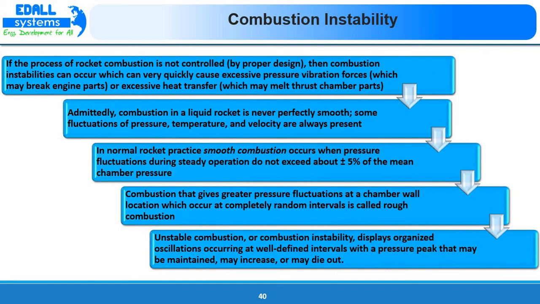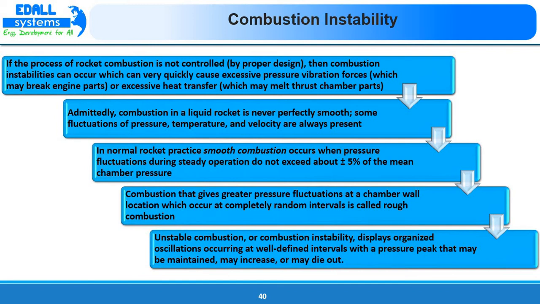If the process of rocket combustion is not controlled by a proper design, then combustion instabilities can occur which can very quickly cause excessive pressure vibration forces which may break engine parts, or excessive heat transfer which may melt thrust chamber parts. So these combustion instabilities can either break the engine parts or melt the thrust chambers.